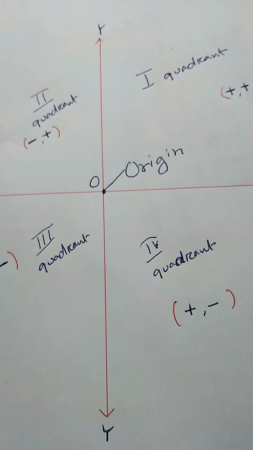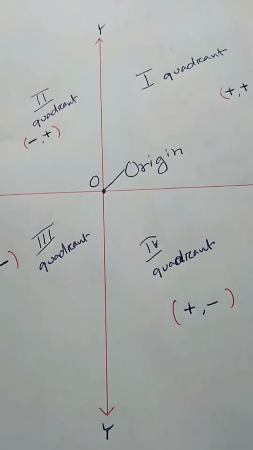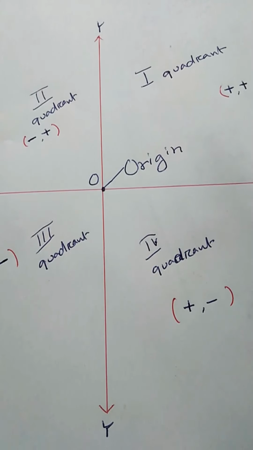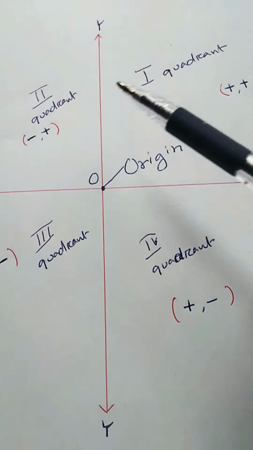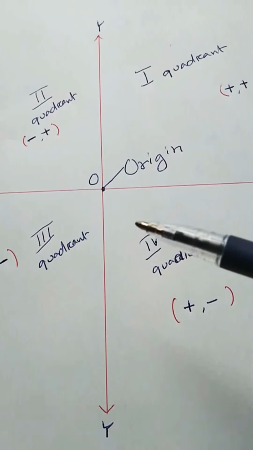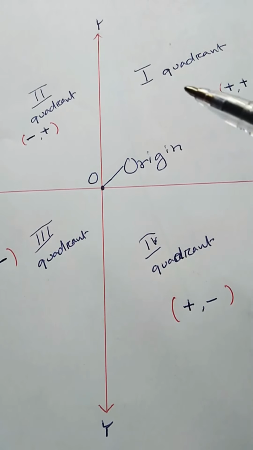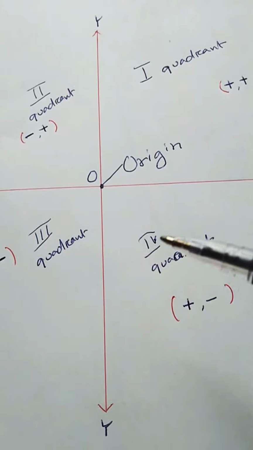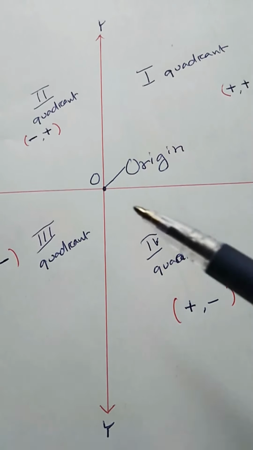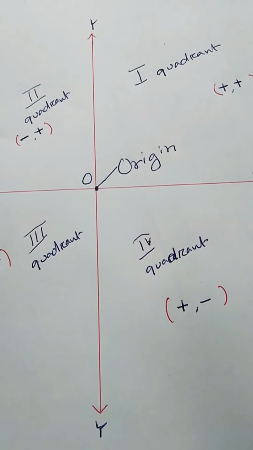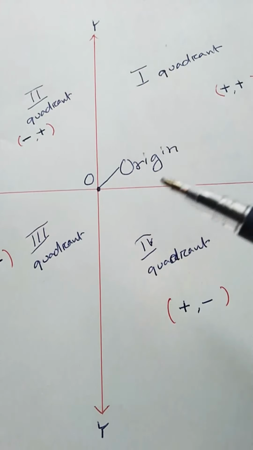So we'll start counting our quadrants from here, first, second, third and fourth, which will go in anti-clockwise direction. Now this is our x-axis and this is our y-axis.